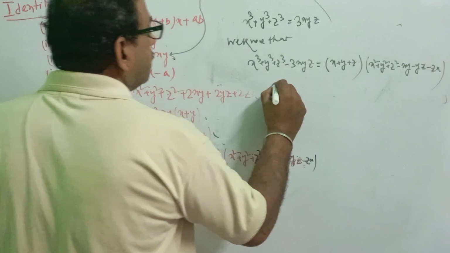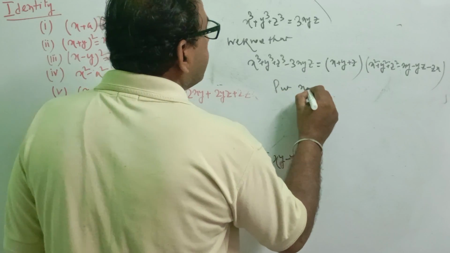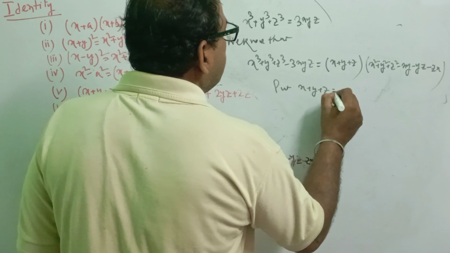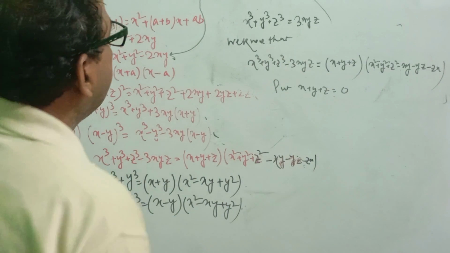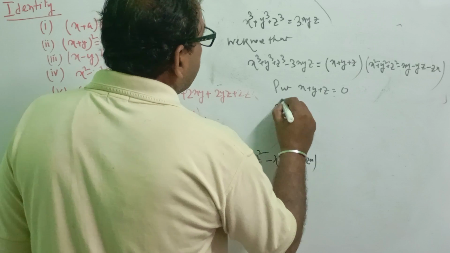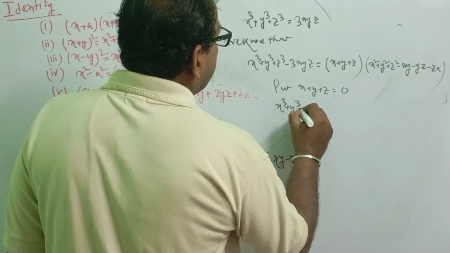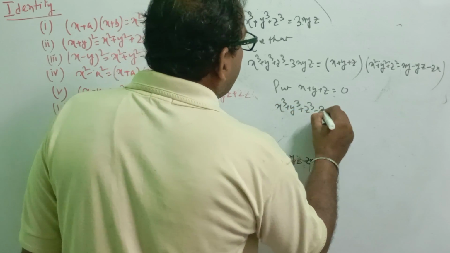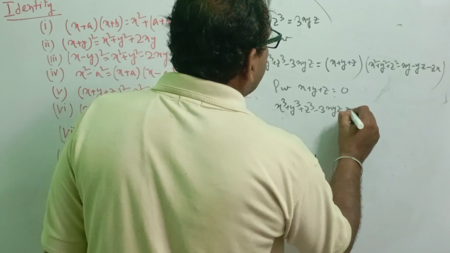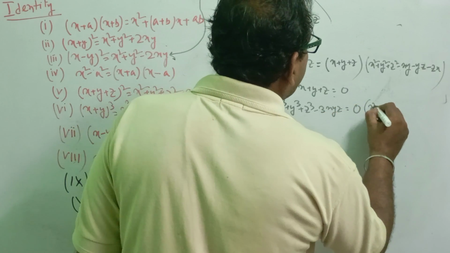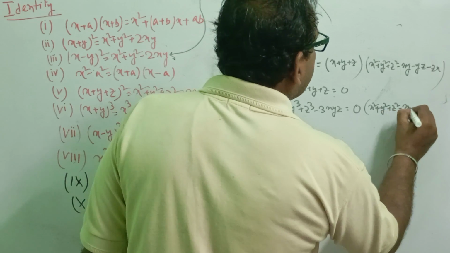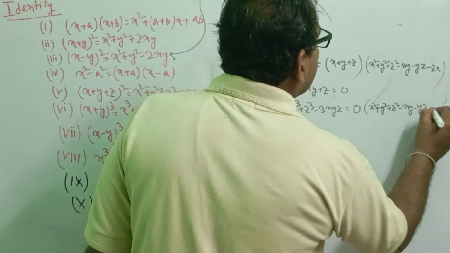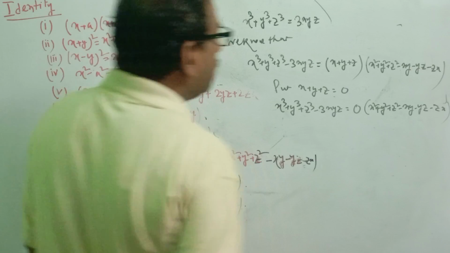Put x plus y plus z is equal to 0. Now what has happened? x cube plus y cube plus z cube minus 3xyz is equal to 0 into x square plus y square plus z square minus xy and so on.